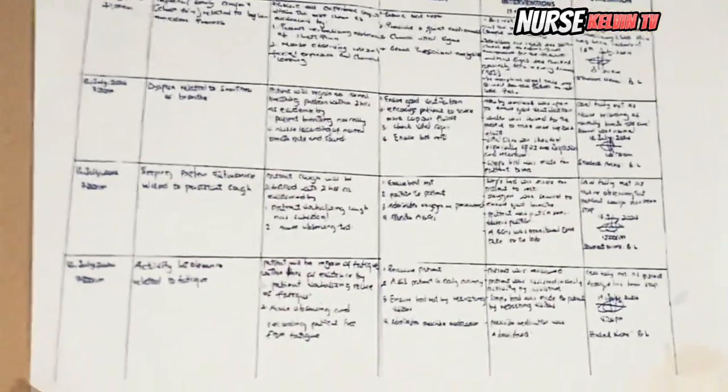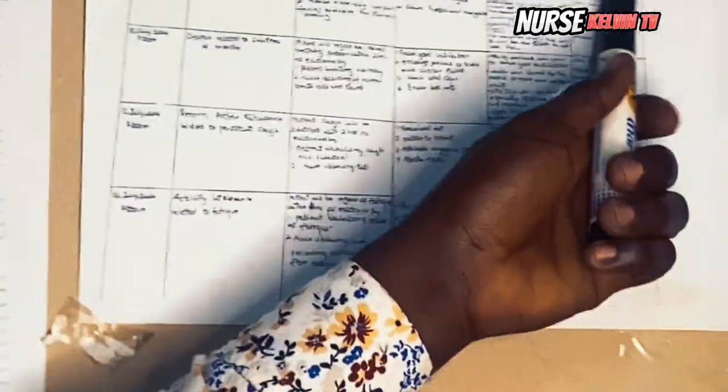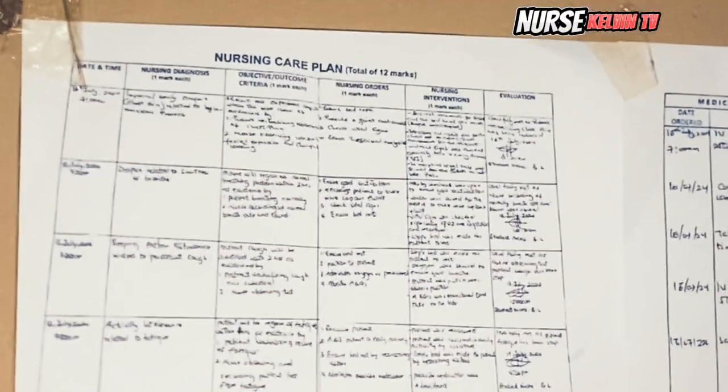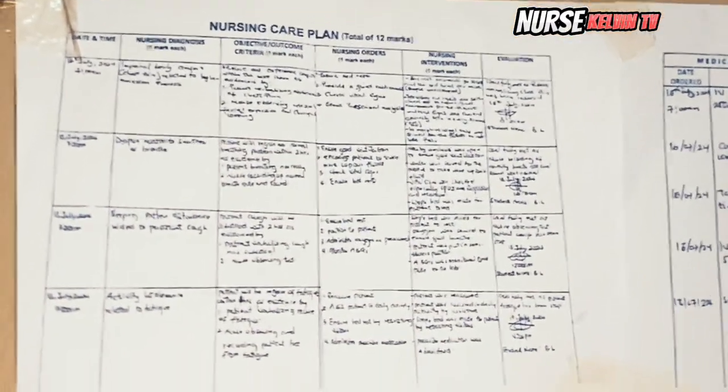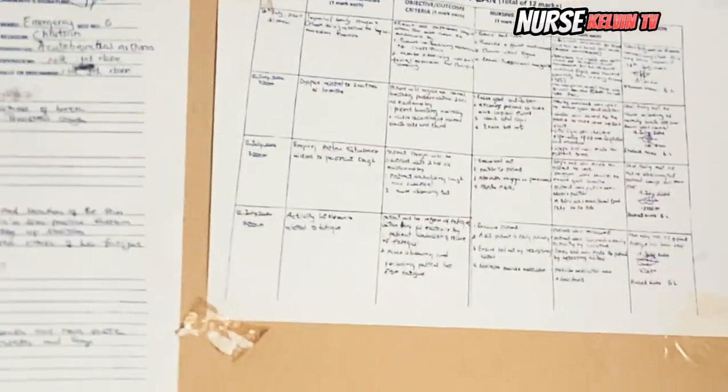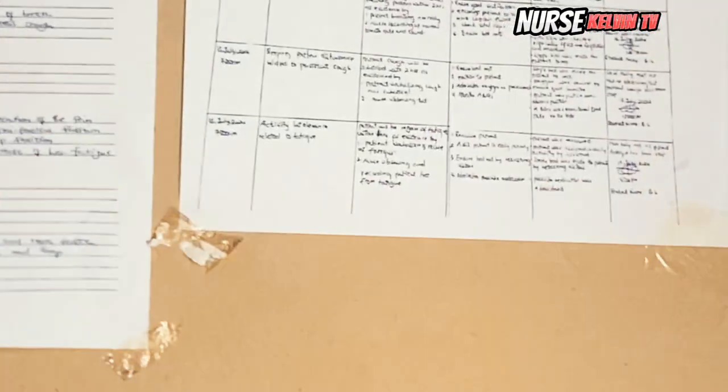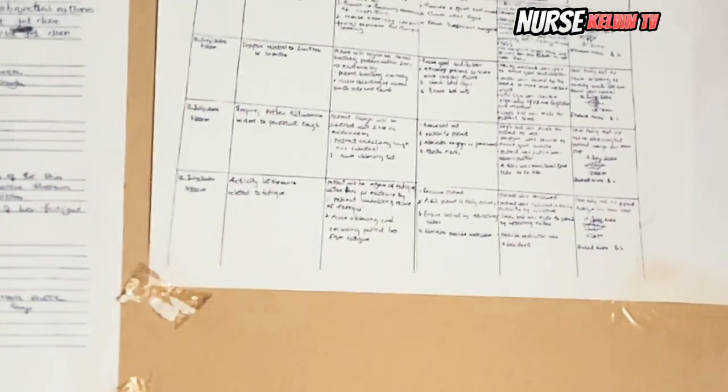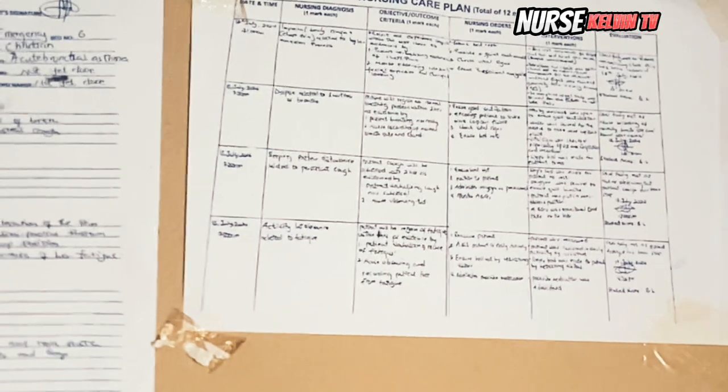Meaning you were able to achieve your goal within the time, within 2 hours or 1 hour. The goal is fully met, as the patient verbalizes that the chest pain has reduced.